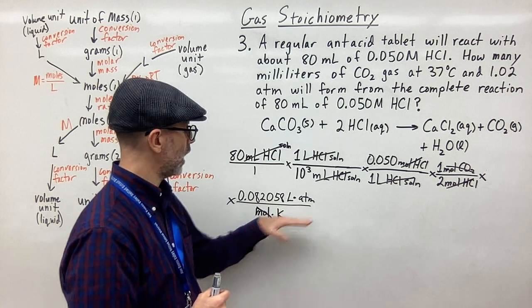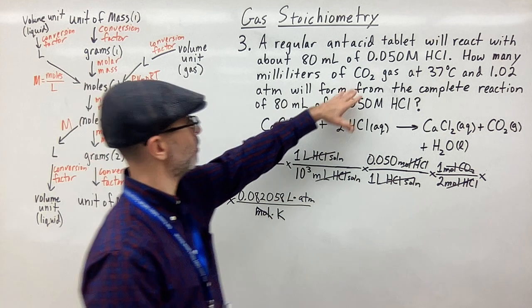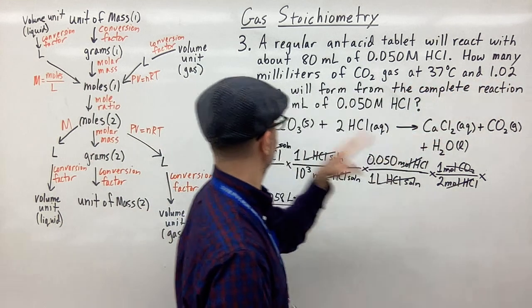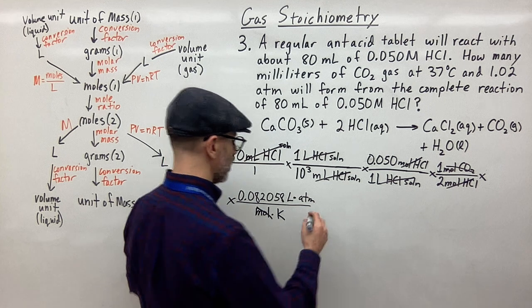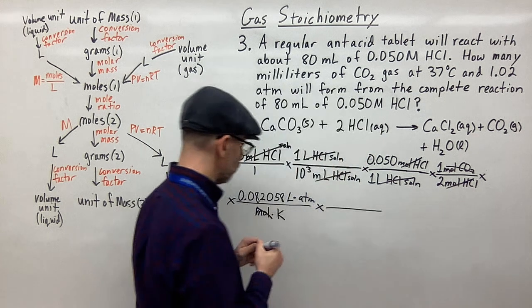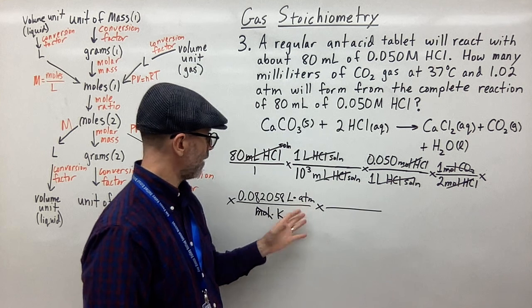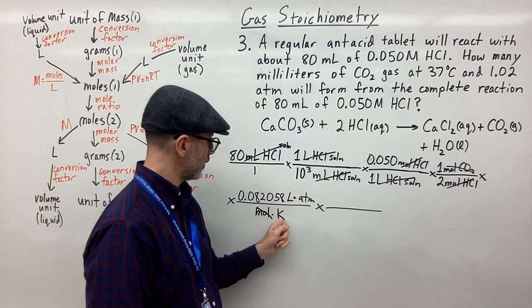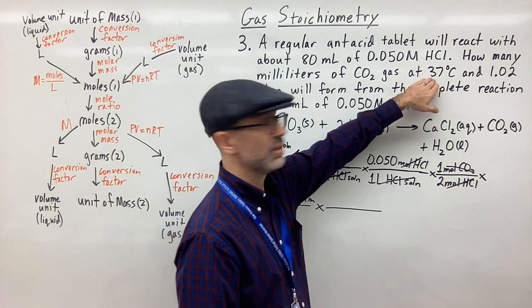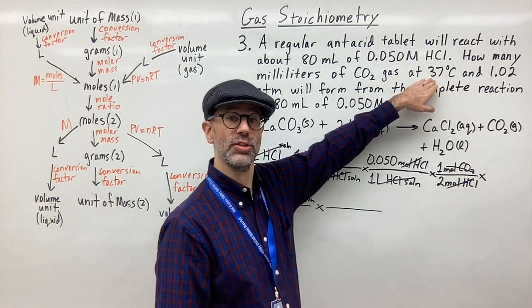Well, where are we going to get Kelvin and atmospheres? Well, that's from the problem. They gave us the conditions here, 1.02 atmospheres. So we're going to multiply, right? We're going to multiply and divide so we can get rid of atmospheres and Kelvin. Well, first we need to change the temperature from Celsius to Kelvin.